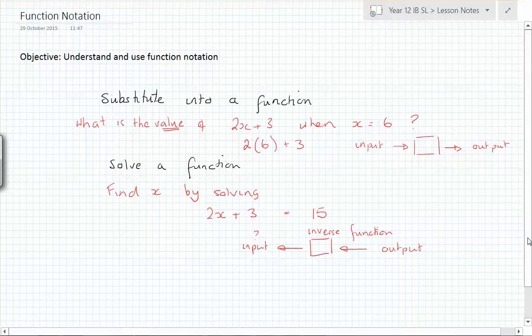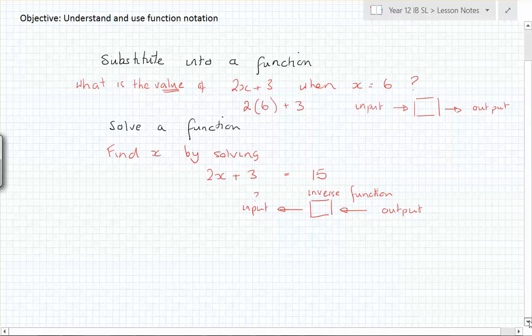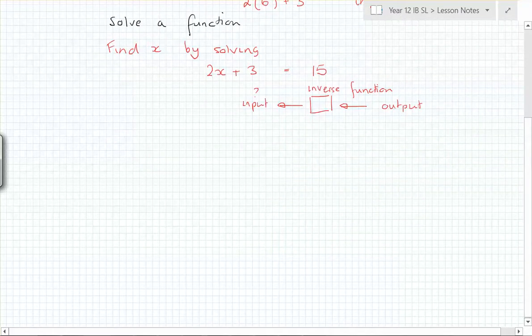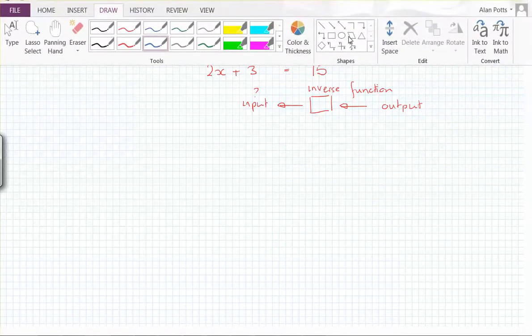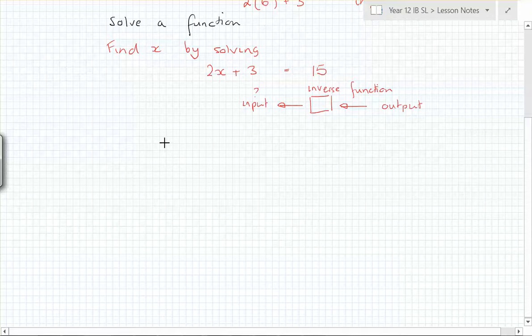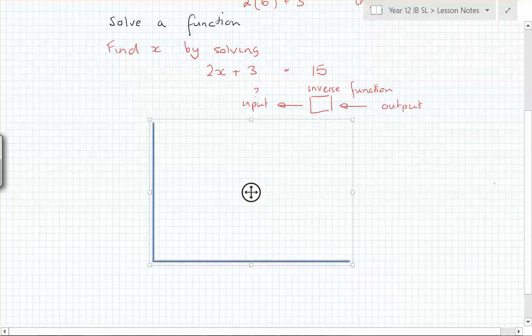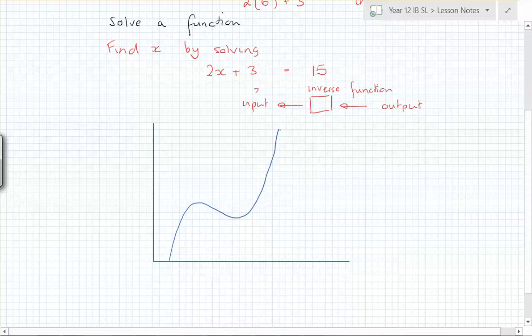Now, just before we do a bit more function notation, there is one other thing we need to consider, which is a graph. Right? So, for instance, if I were to do this, what would you recognise that as?